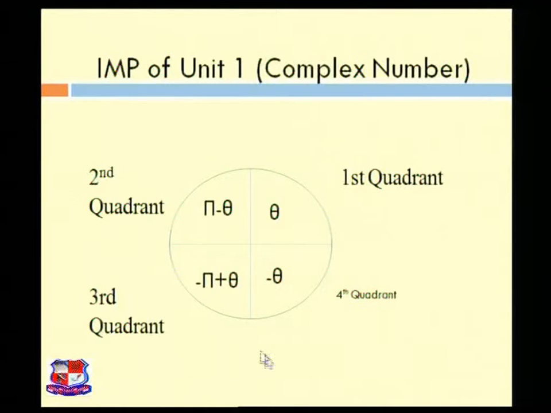This is our quadrant rule: first quadrant, second quadrant, third quadrant and fourth quadrant. If the angle is in the second quadrant, it must be converted into pi minus theta. In the third quadrant, it must be converted into minus pi plus theta, and if our angle is in the fourth quadrant, convert it into minus theta.